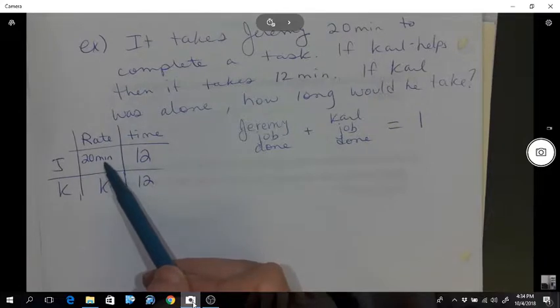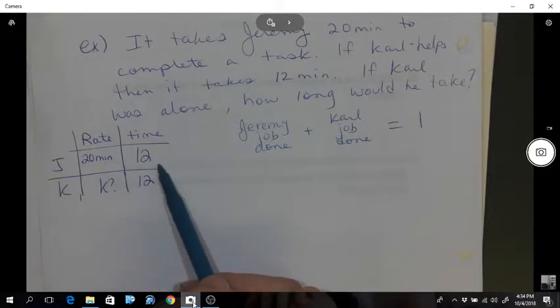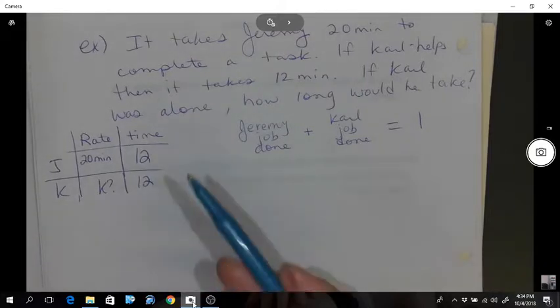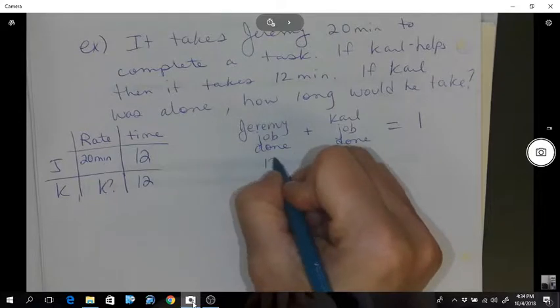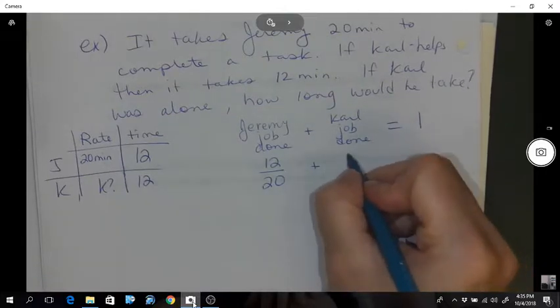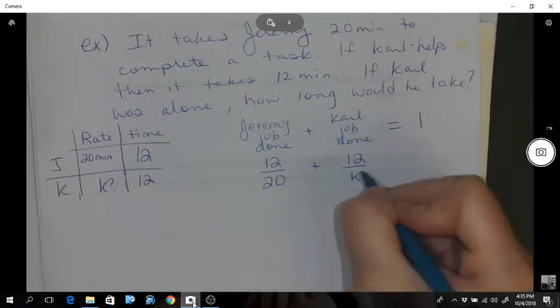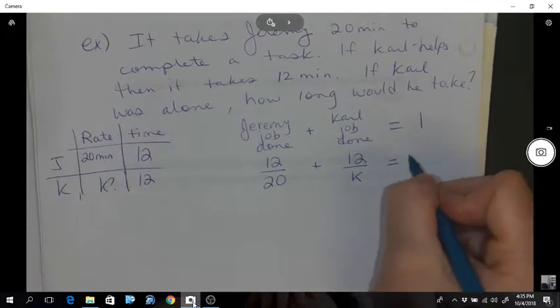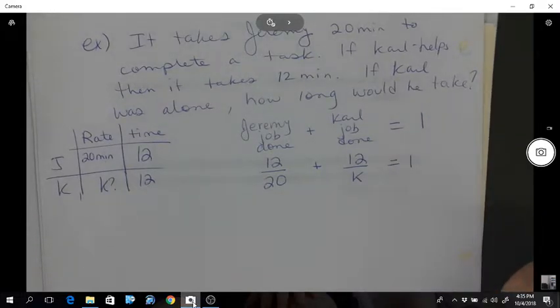If Jeremy does the whole thing in 20 minutes and he works for 12, he completed 12/20ths of the job. Does that make sense to you? So Jeremy does 12/20ths of the job. Carl does 12/k of the job, because we don't know. Together they do the whole job. Okay?